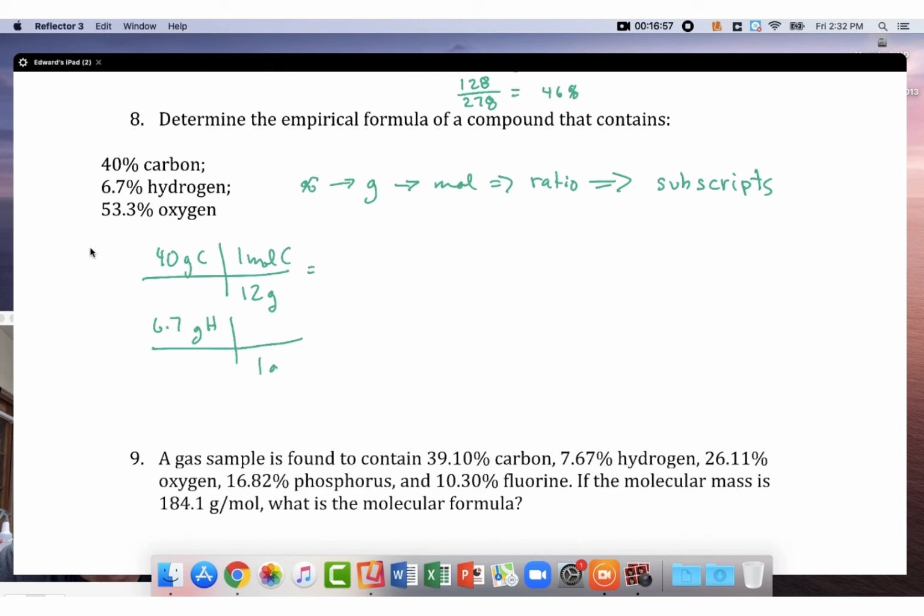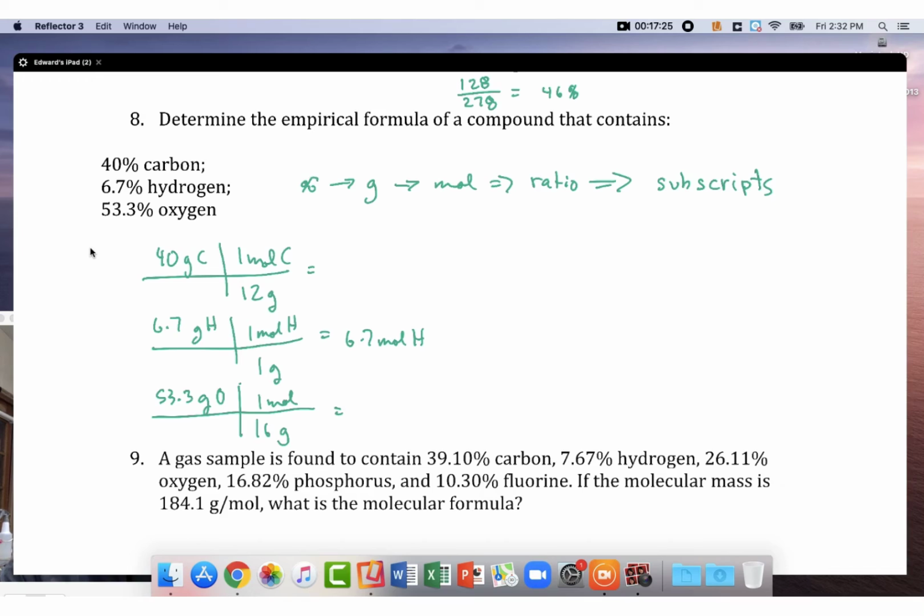And there's 1 gram in 1 mole of H. And then finally, 53.3 grams of oxygen, and there is 16 grams in 1 mole. All right, let me punch in the things I couldn't do in my head. Come on, calculator. There we go.